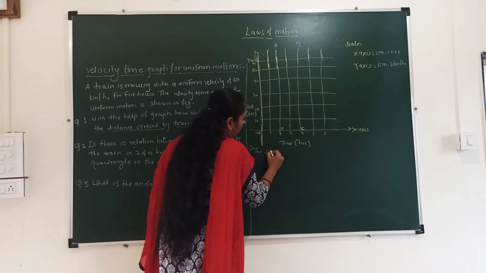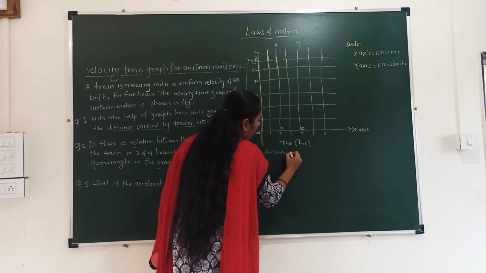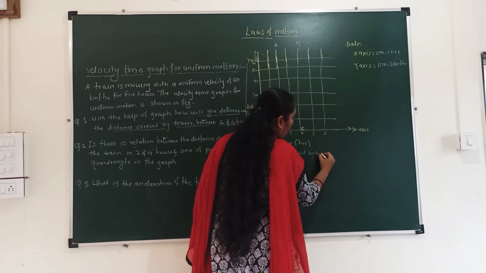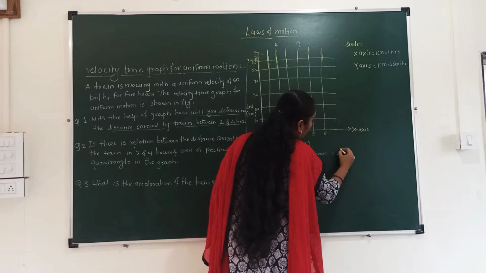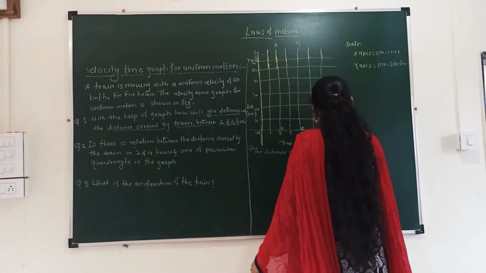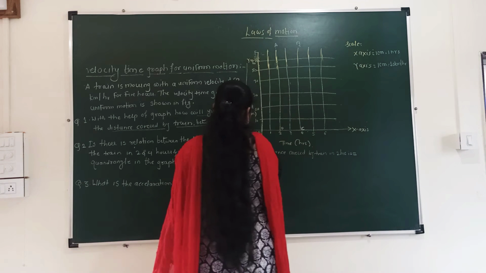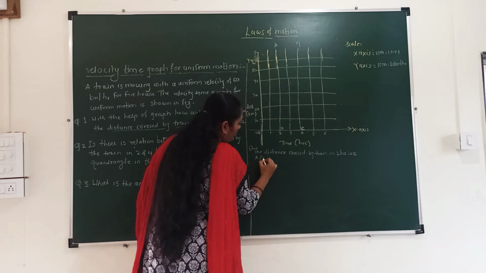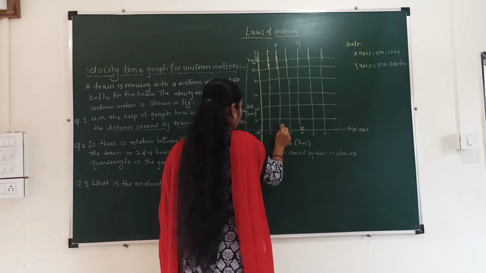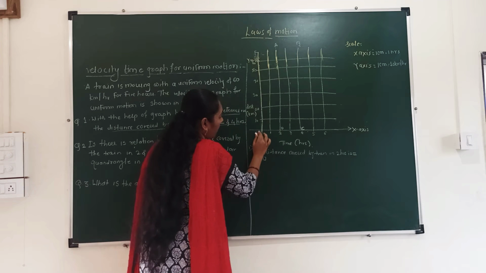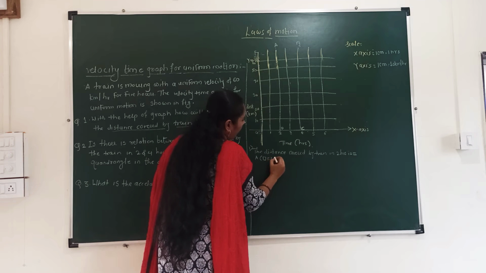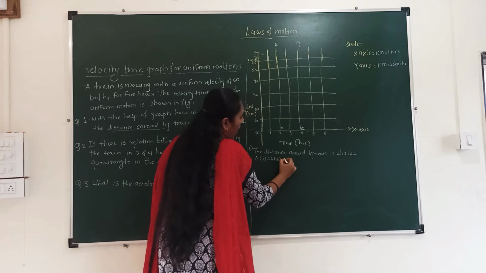The distance covered by the train in 2 hours is equal to the area of rectangle FADE. All of you know that.